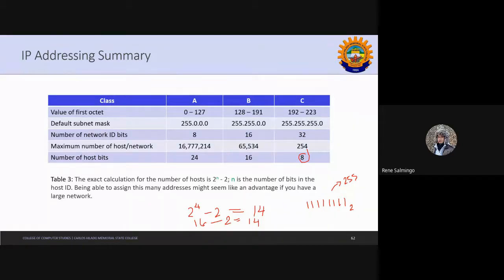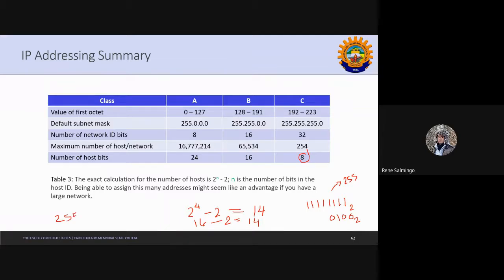So 4 is 1, 2, 4, 8, so you have 0, 1, 0, 0. This is in binary, but your address will be like this for the example that I give.